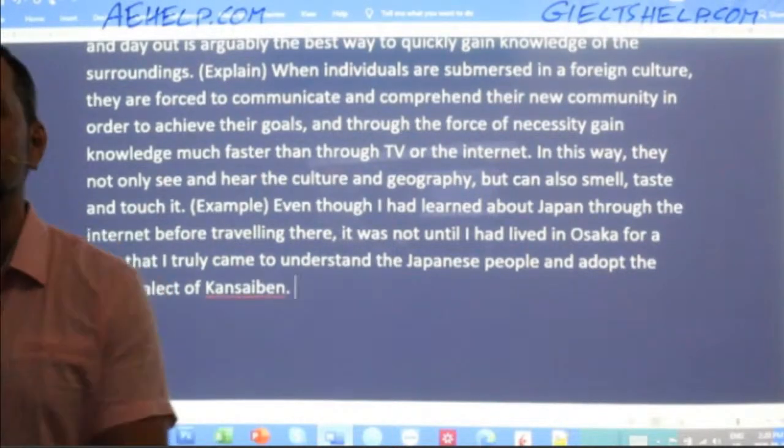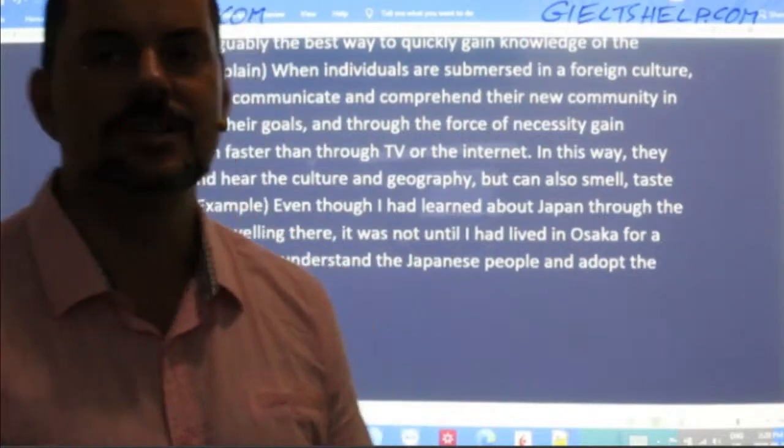Okay, just going to stick with some romaji there.